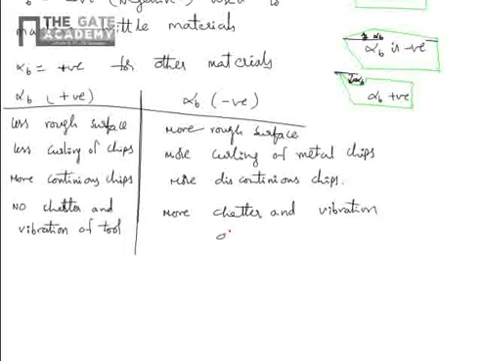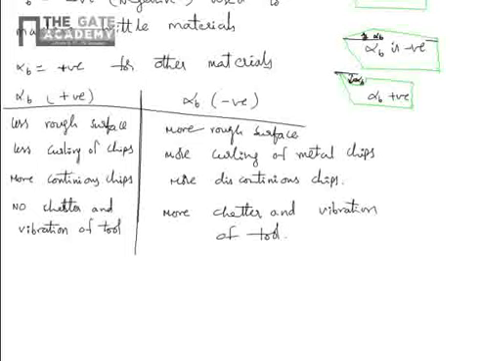We have to use positive for almost all ferrous and non-ferrous materials except brass and high strength alloys, as well as brittle materials. In the remaining places we have to use only negative rake angle.